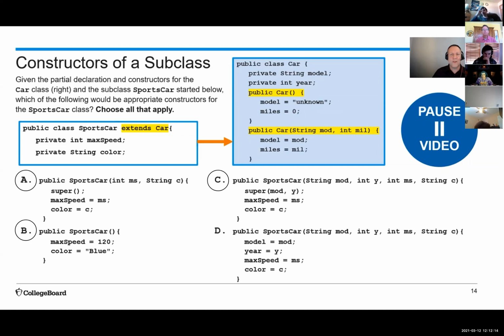So like in this case, would it just call from the empty car class? So the model would be unknown, the miles would be 0. Well, in the case of C, the model would be whatever you send it. Assuming somebody called this constructor, you would have had Prius 2012, 40 miles an hour, white.